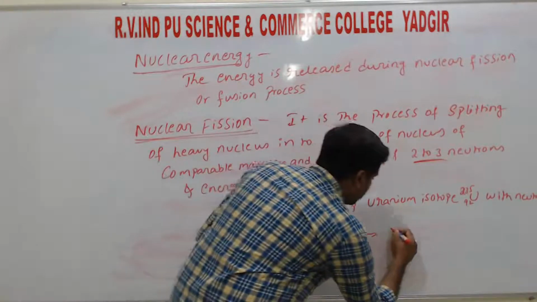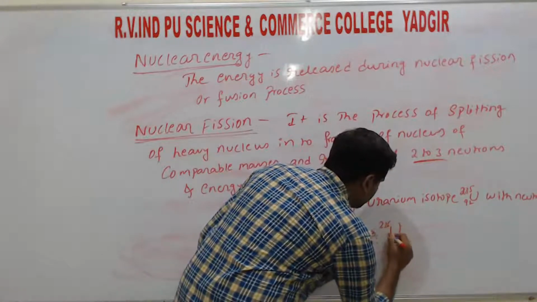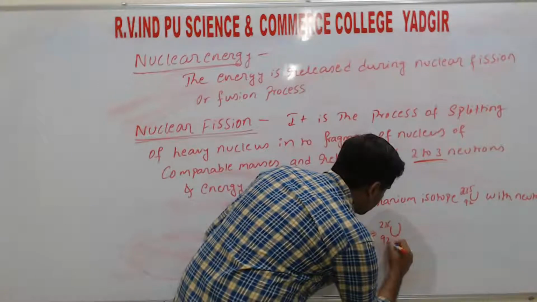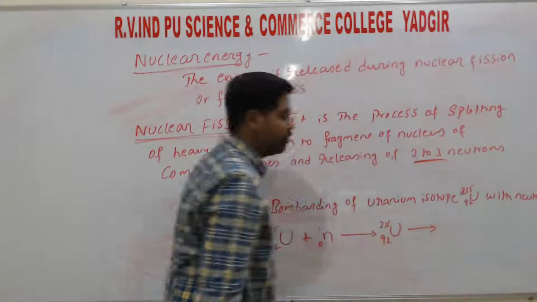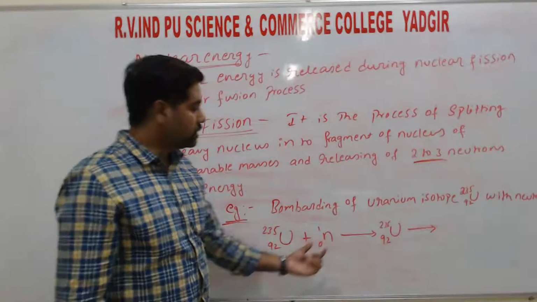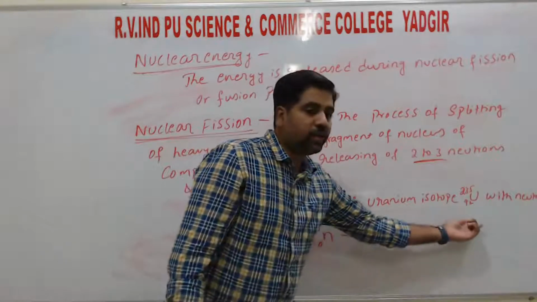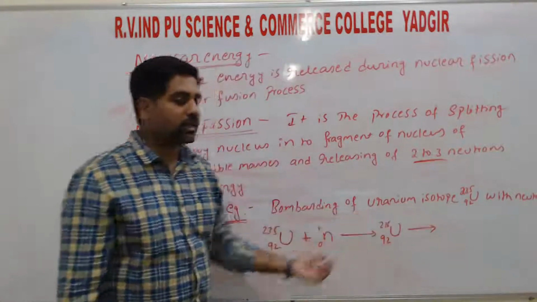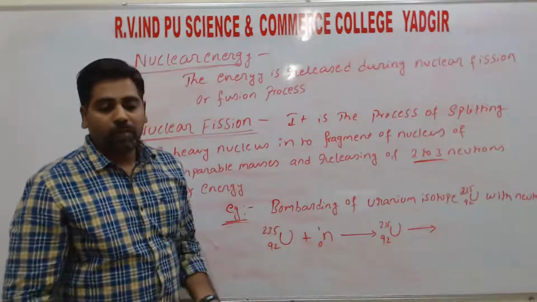Here we get uranium 236, 92, right? Now this uranium splits into fragments of nuclei of comparable masses.